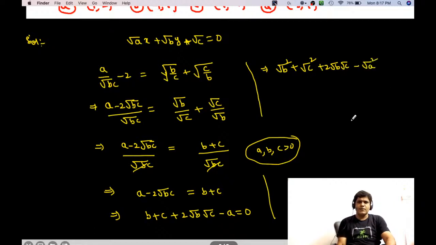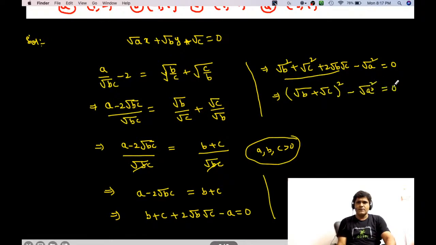Because a, b, c are positive, we can write a as root a square, because root a is defined, it's a real number. Now it's a perfect square. This implies the first part is root b plus root c whole square minus root a square is equal to 0.